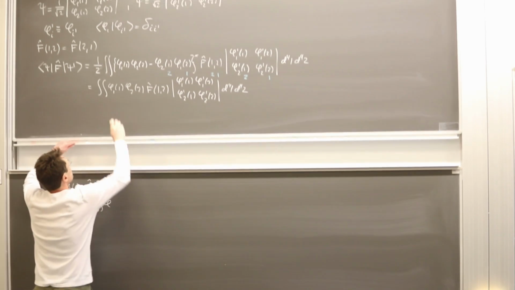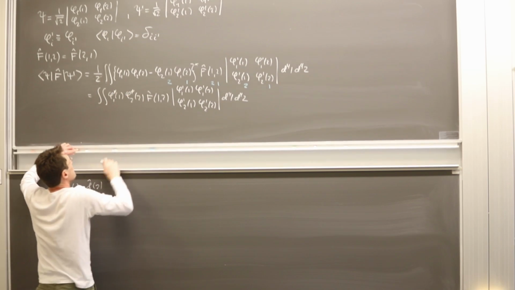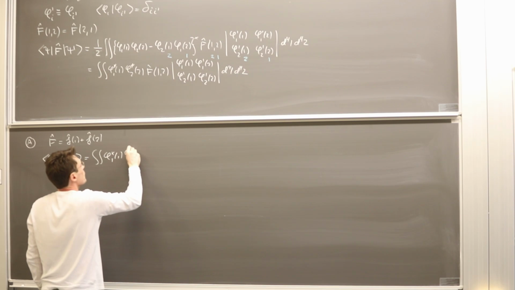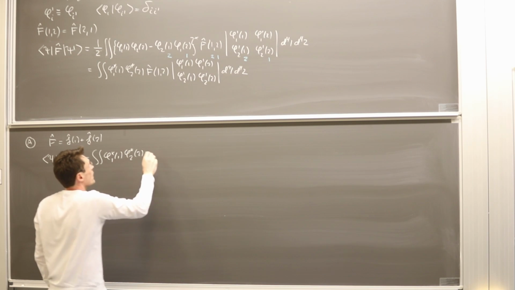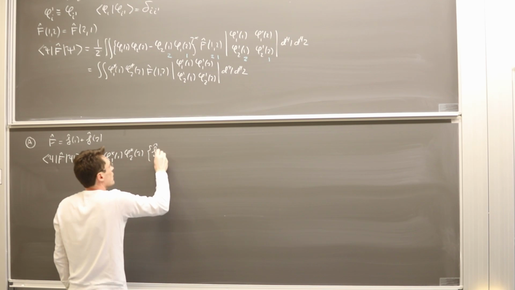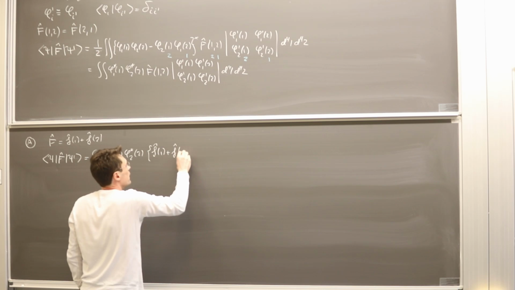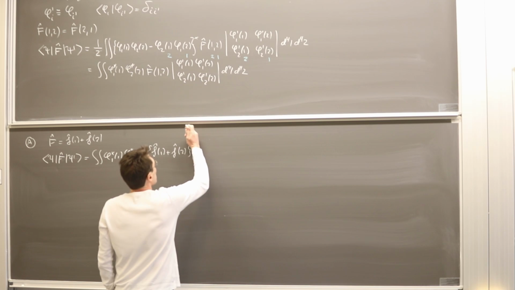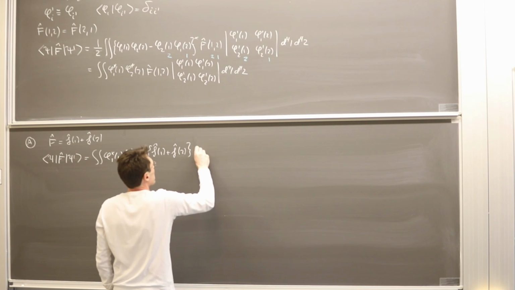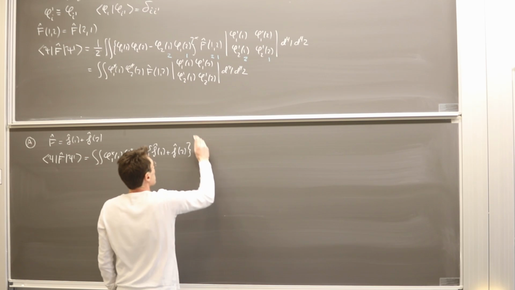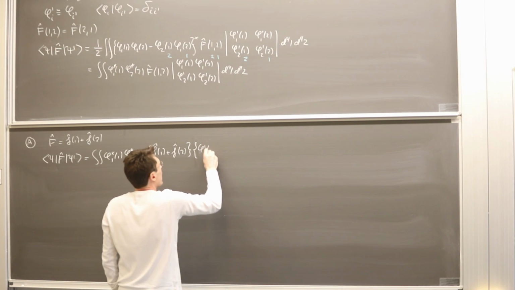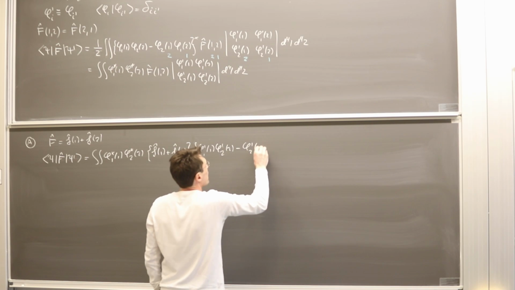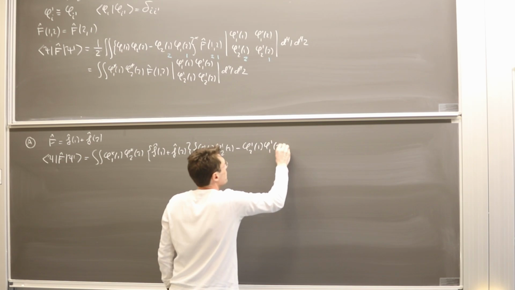I just forgot the conjugations here. So here I'll get F of 1 and F with the argument 2, and then the second Slater determinant, which let's write out also. So here I get phi 1 prime of 1, phi 2 prime of 2, minus phi 2 prime of 1, phi 1 prime of 2.